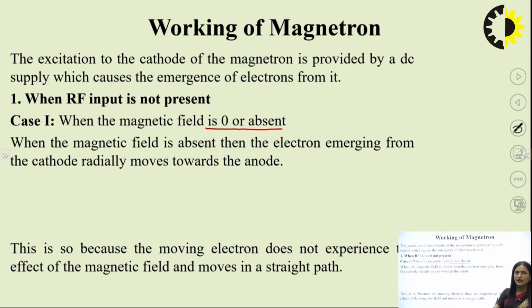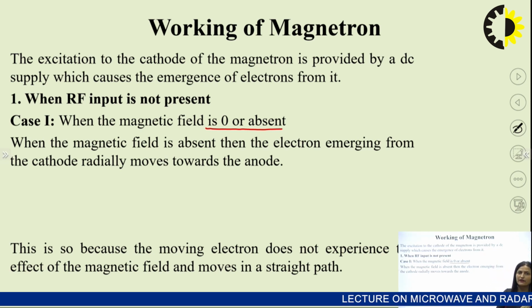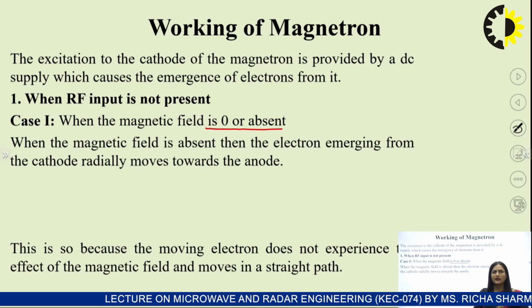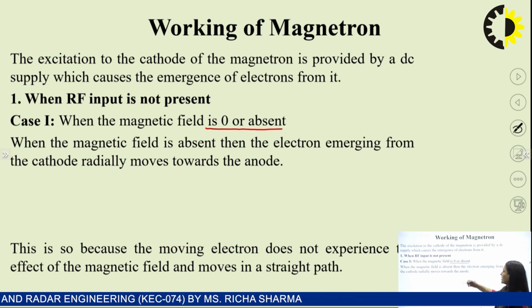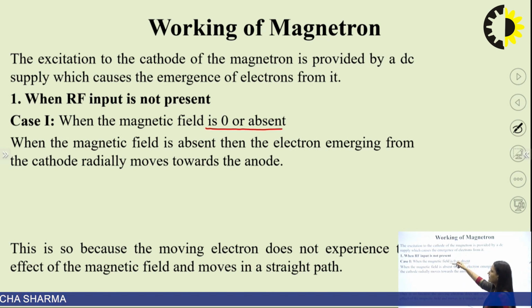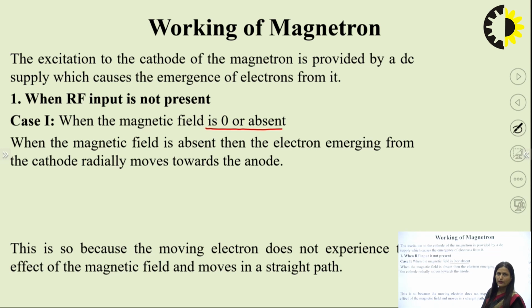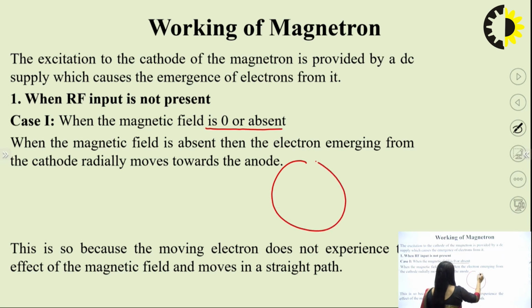In the interaction space, the magnetic field is present, but if we are not giving any RF input signal, the magnetic field is 0. If the RF input is not given, the magnetic field is 0. If I draw it here, this is your magnetron, in the center this is the cathode and there are a number of anodes here.